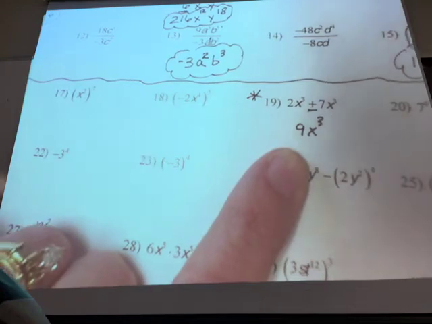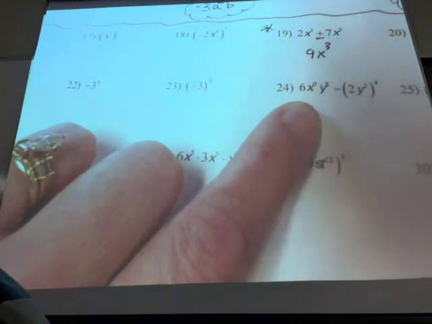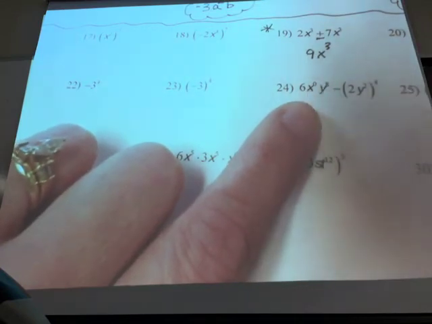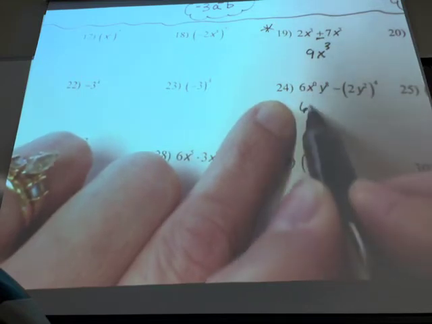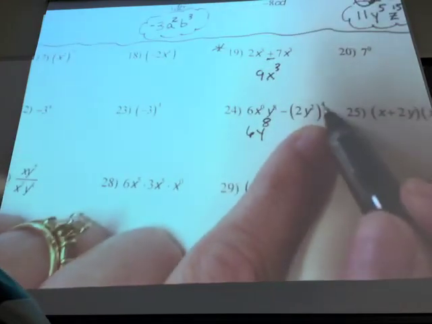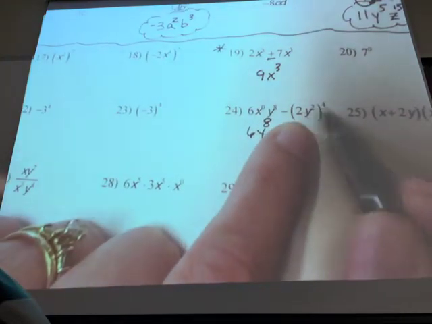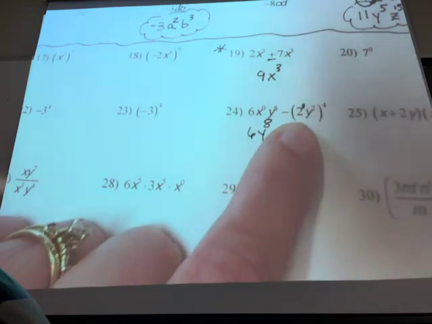Also, let's real quick look down at number 24. Anything to the 0 power is automatically 1, so x to the 0 power is 1. So this is like having 6 times 1, which is 6, and then y to the 8th. This one, you're going to have to distribute that 4 inside here. Now, even this number does not have an exponent, so you give it 1 and then distribute.